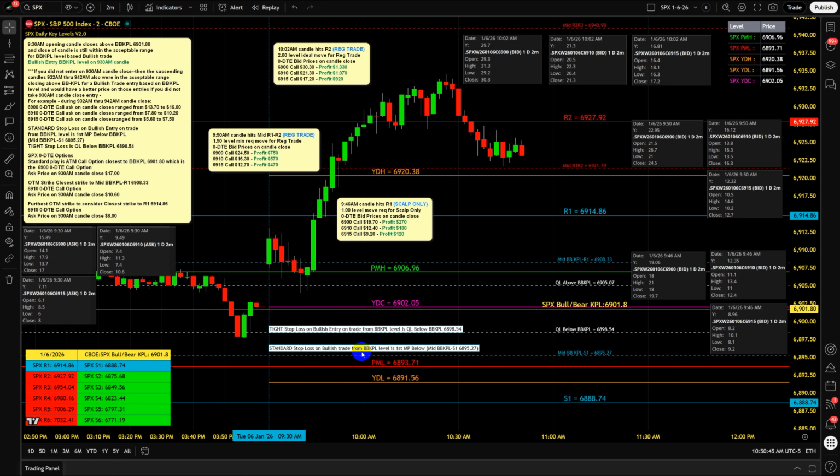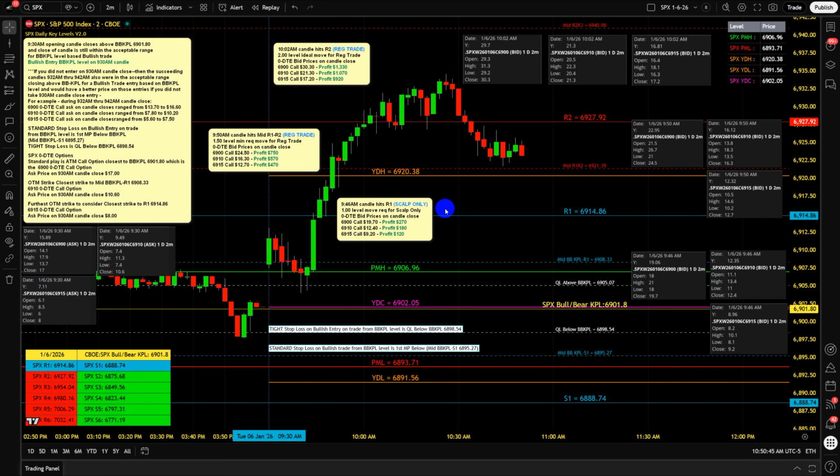Now there are two different types of trades that you can take with this particular indicator. One is a scalp only trade, and the other is what we call a regular trade under this daily key level strategy. So there are some differences between the two. On a scalp only trade, you're looking for a one level move in your favor, and then you are exiting your trade.